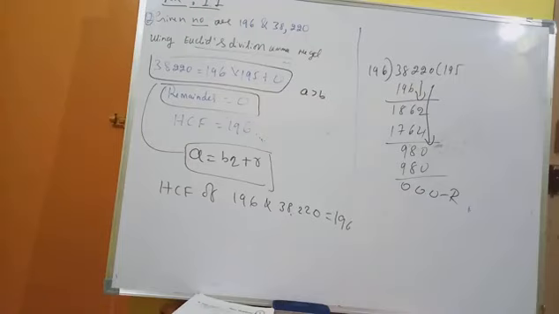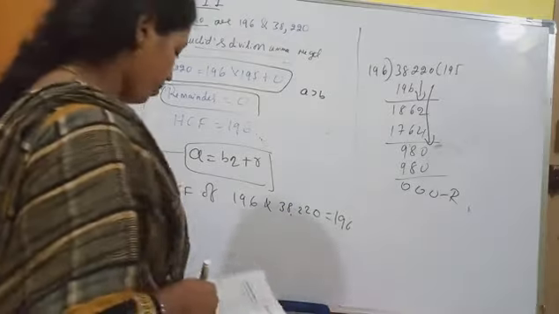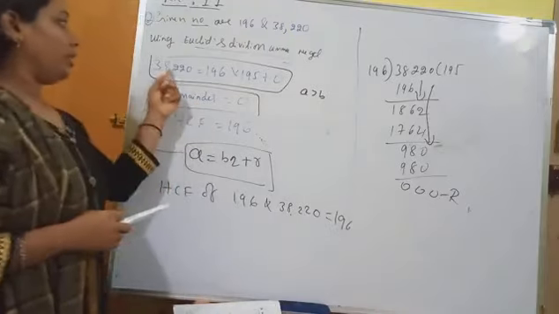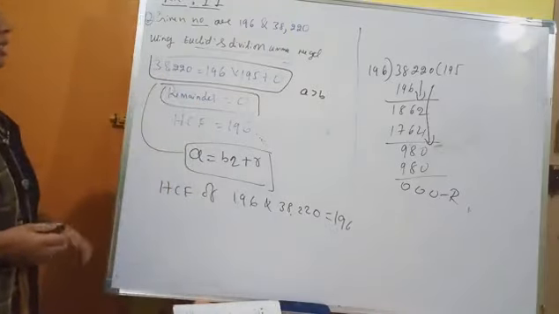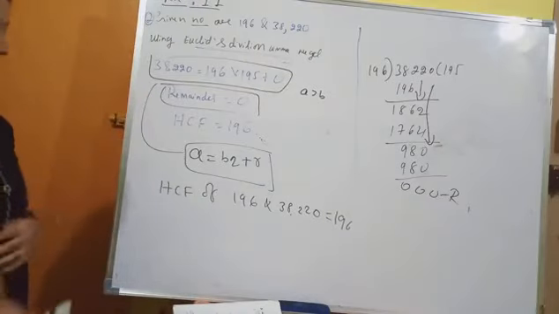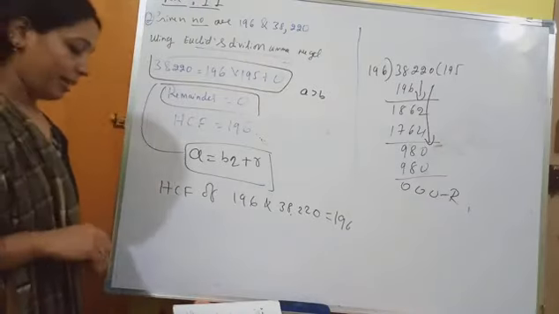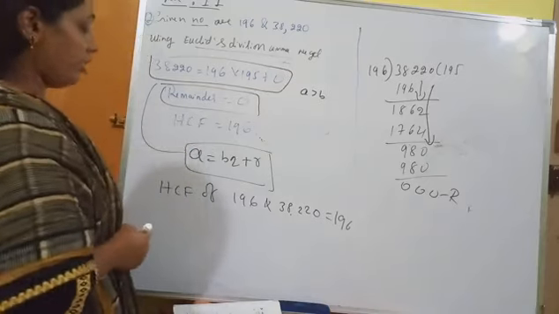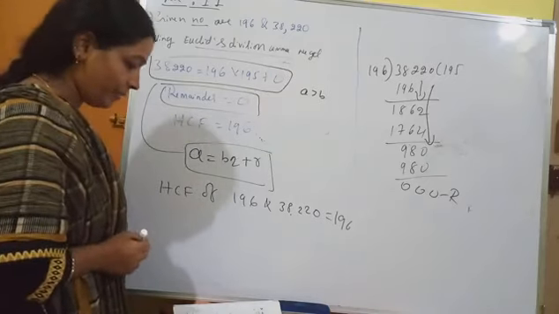It's a very easy chapter. Once again, go through the problems and solve them correctly. 38,220 is equal to 196 into 195 plus 0, that is, dividend is equal to divisor into quotient plus remainder. Therefore, the HCF of these two given numbers is 196.